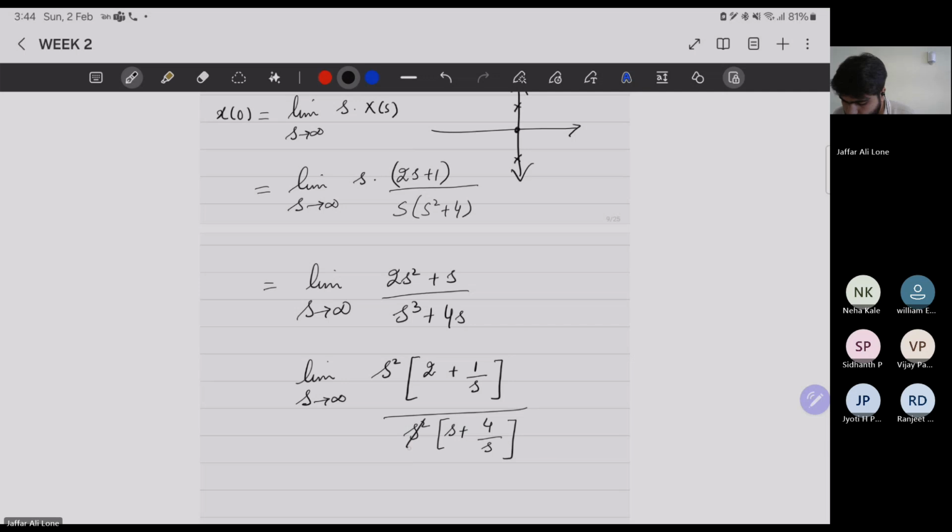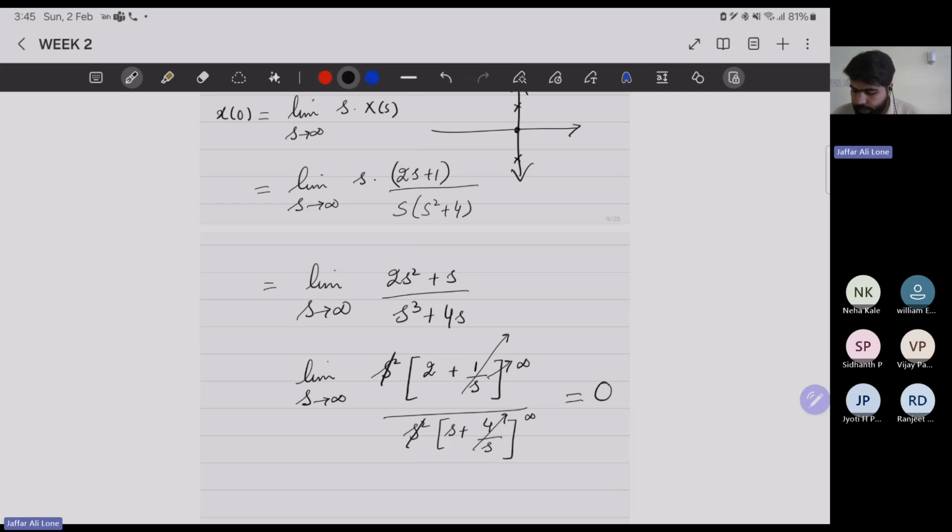This s square and s square get cancelled. When you put infinity here, 1 over s will be 0. Similarly, 4 over s will be 0. But again, we have another s, so putting infinity it will be a huge number, so 2 divided by a huge number will also be 0. This will be 0.